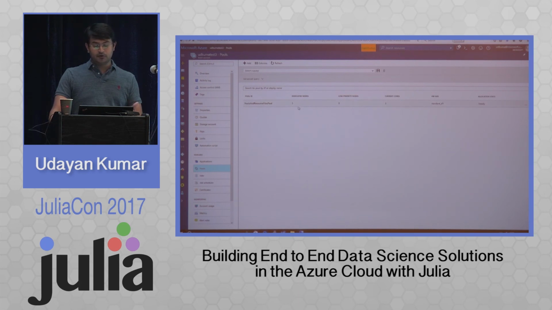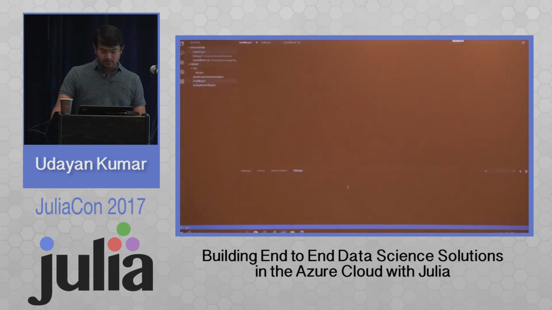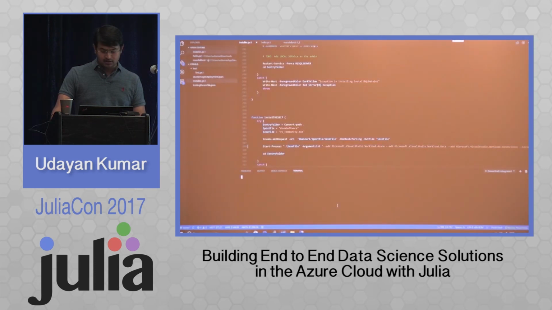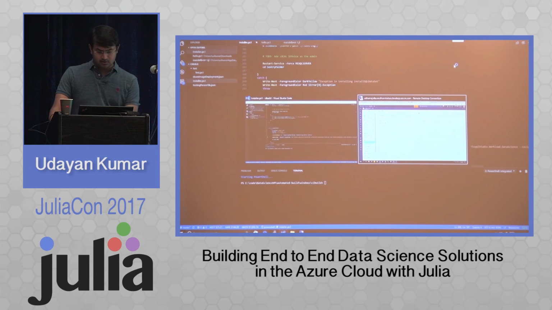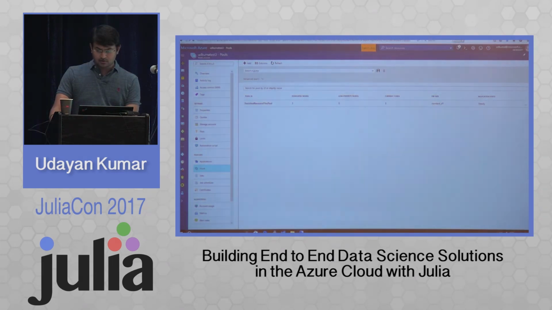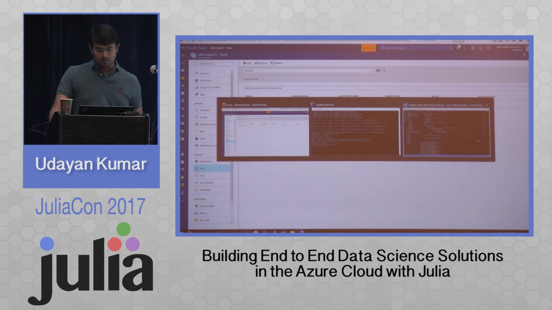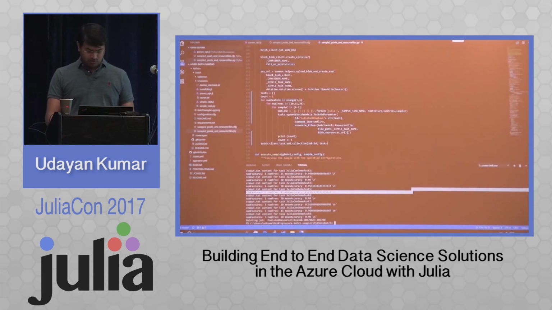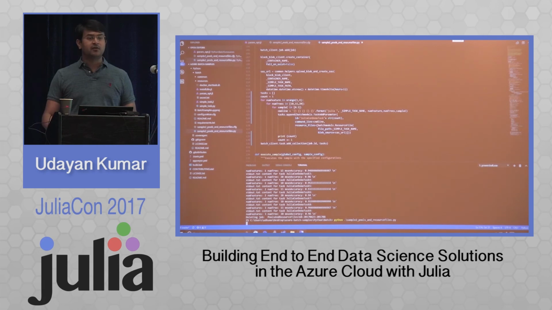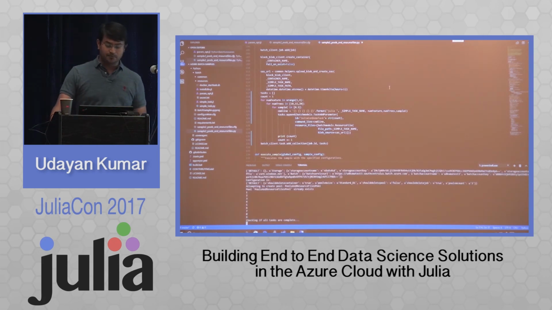I've already created a pool of 3 machines, and they are currently in a steady state, so I can use them right now. So I'll go and run this. I'll run the code first because it takes a while, and then I'll explain what it's doing.